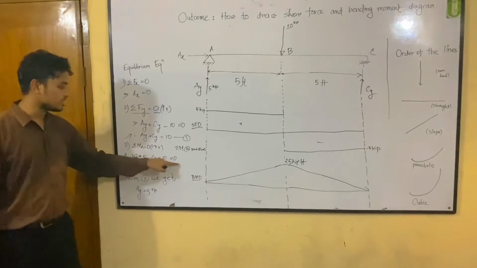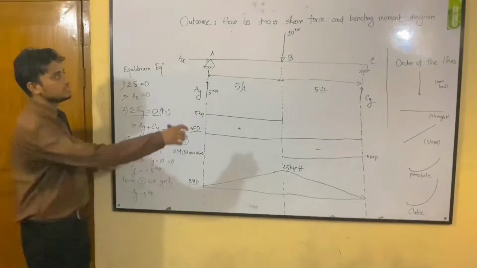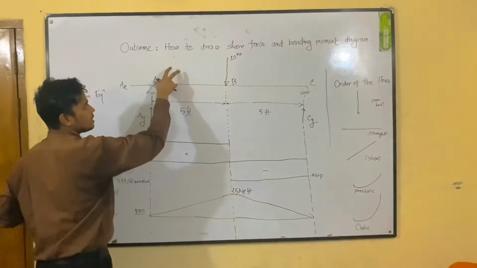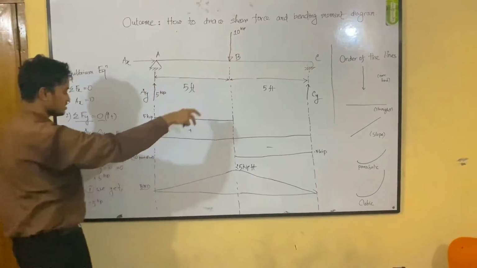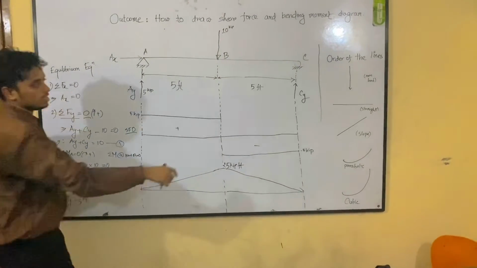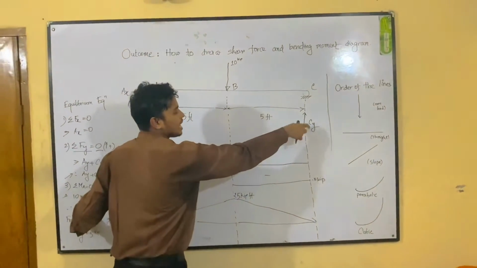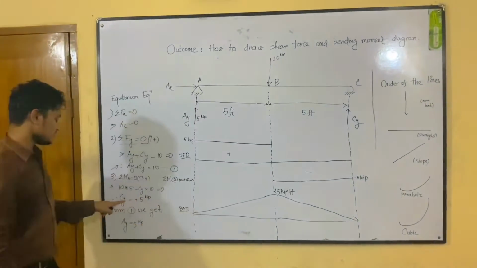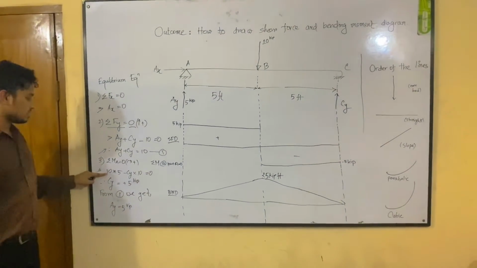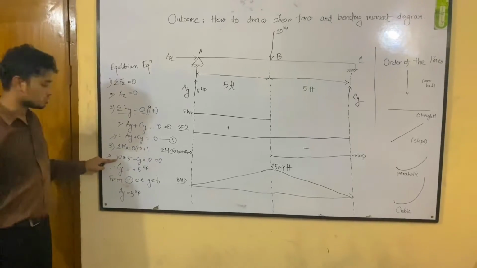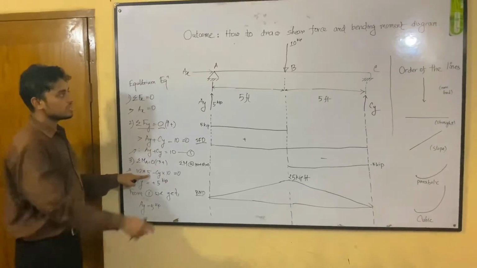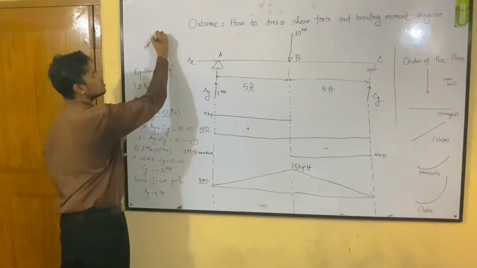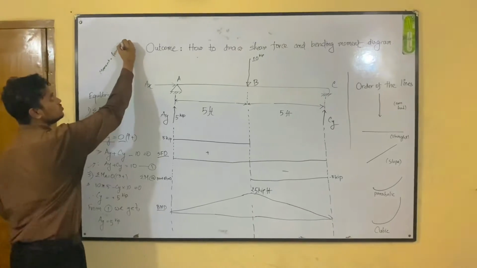We write 10 into 5, because with respect to A it is a clockwise direction, and Cy is acting upward, so it is anti-clockwise with respect to point A. So the moment equilibrium equation is 10 into 5, because moment is force into distance.